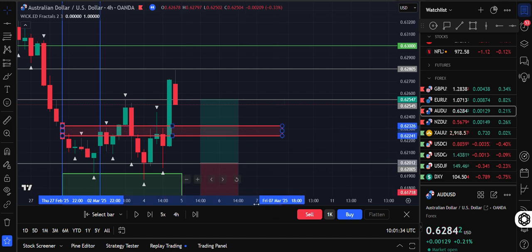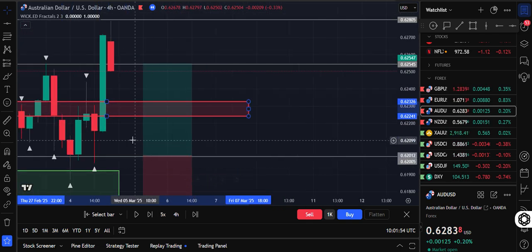Right, so here we are. This was the original trade, so that would have been a decent trade. Right now we are on here, so we closed there, opened here, and again we've tapped into this area and not touched it.